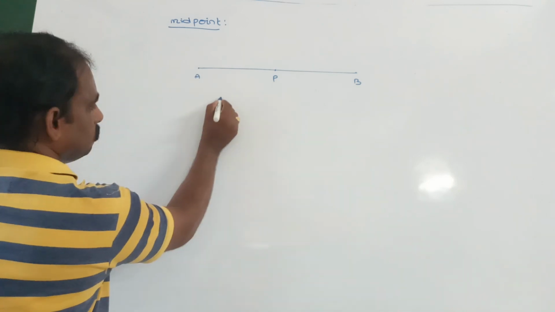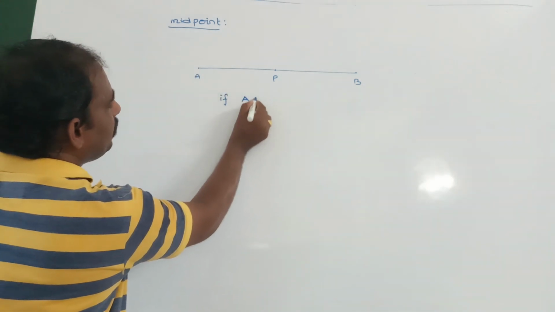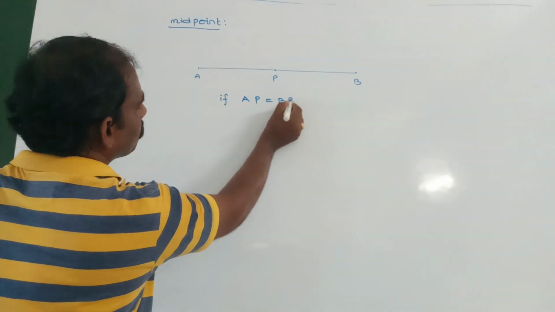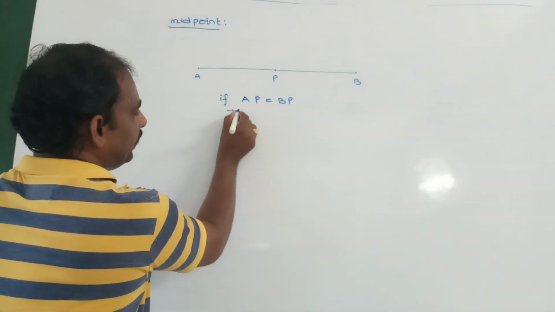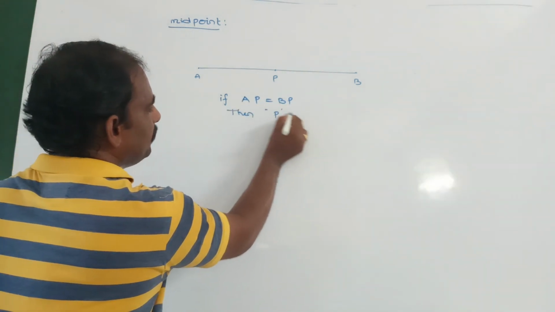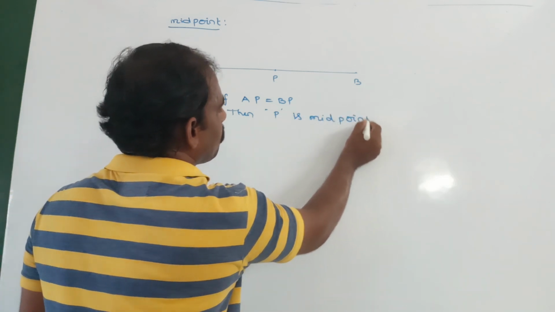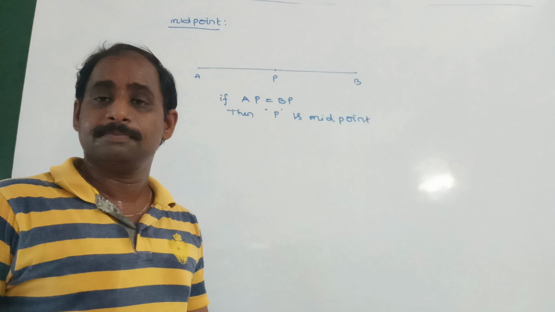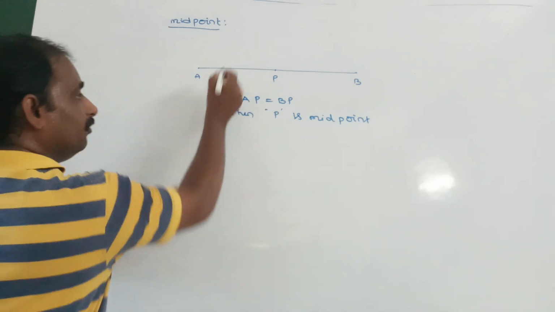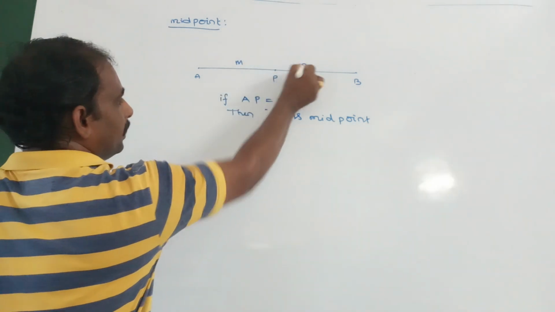If AP is equal to BP, then P is the midpoint. We know that, let the ratio be M by N.